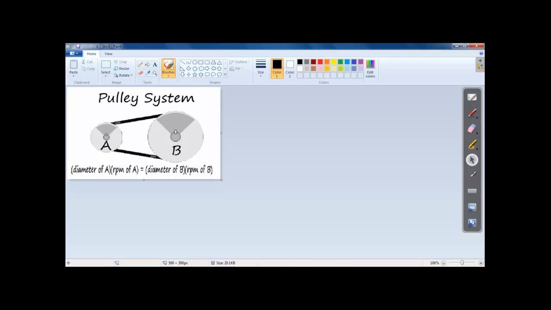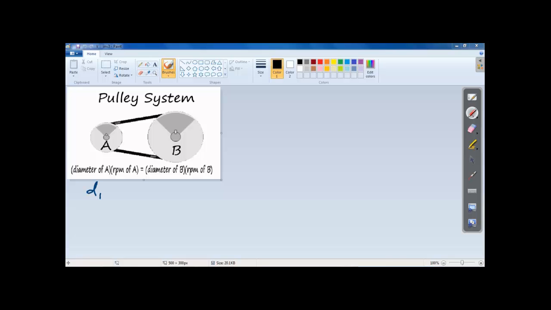Each pulley has a different size in diameter. So the relationship here is between the diameter of the pulley and its speed, which we measure by rounds per minute. As you can see, pulley A is the small pulley.